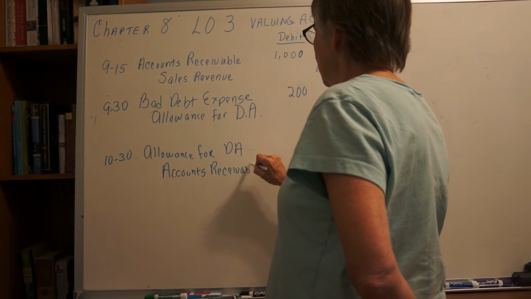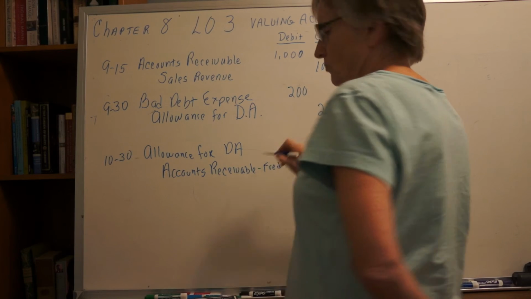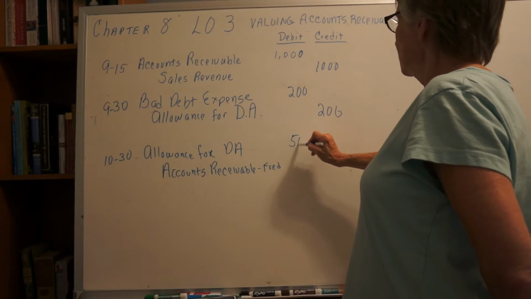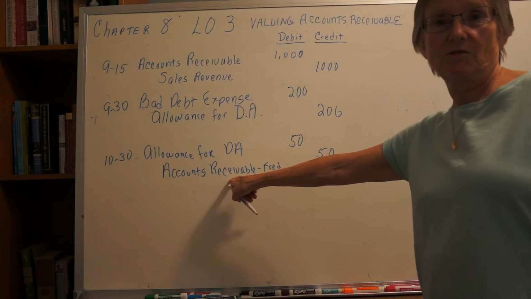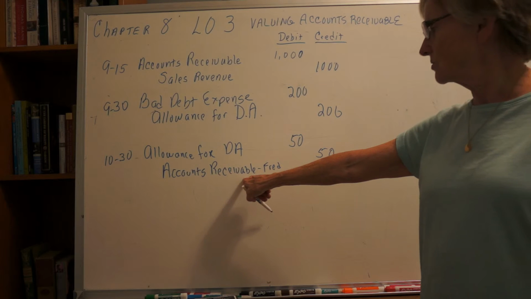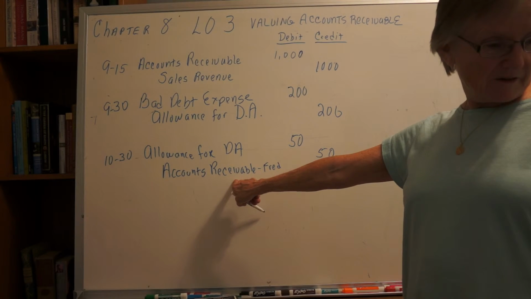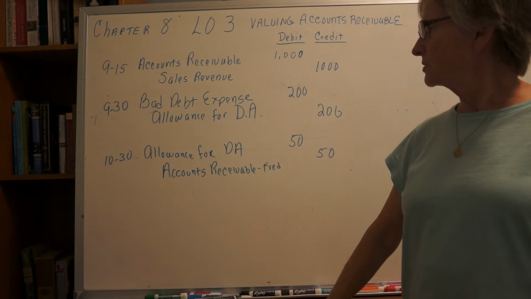I'm just going to say it's Fred again, and say it was for $50. So we know that he's not going to pay, and so the accounts receivable that he owes us has been reduced to zero, and the debit goes to the allowance for doubtful accounts.